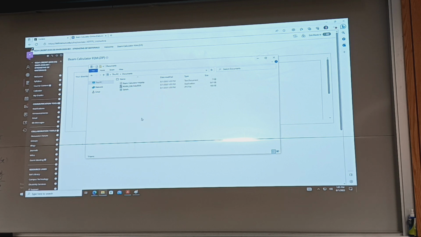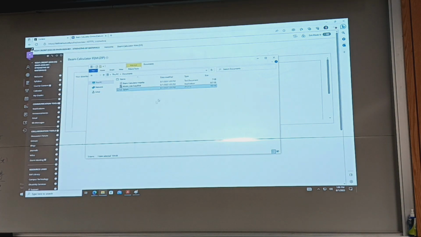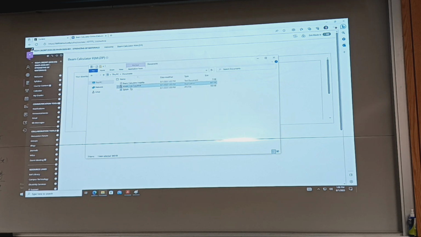All right. You have to have an image with the name Splash. If you don't, it doesn't work. Otherwise, you just launch it, and it says don't run or run. What if I say don't run, but what if I want to run it?